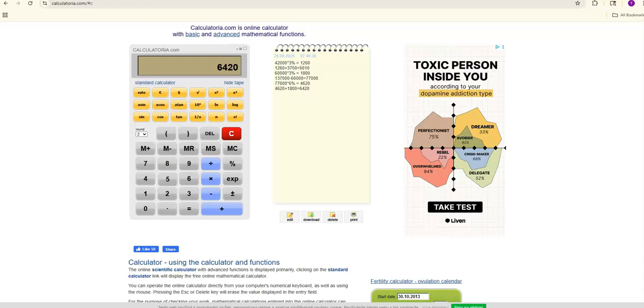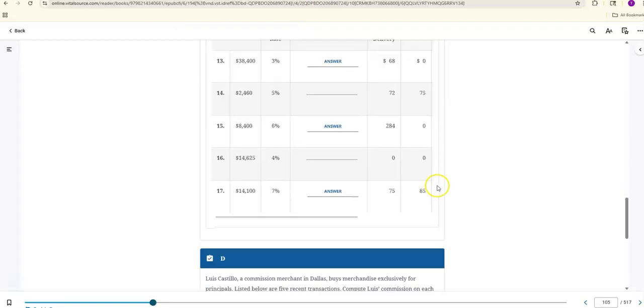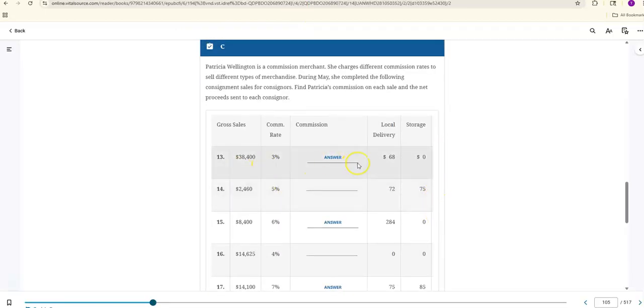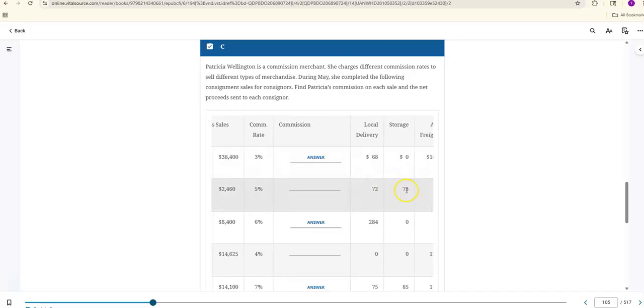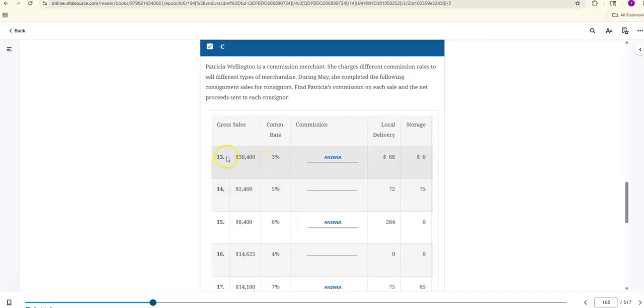Now let's take a look at an example from section C, and specifically let's go over number 13 here. So for number 13, they had gross sales of $38,400. They earned a commission rate of 3% on all their sales.